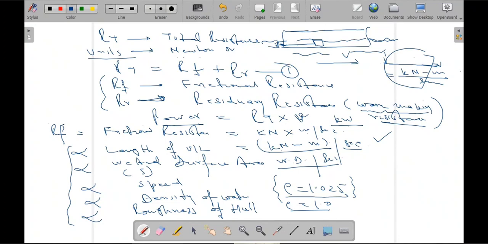All right, so now we will see the second part, which is the residuary resistance, correct? So frictional resistance, I hope, is clear to everyone, that these are the factors on which it depends. So I am erasing this part using the eraser so that I can write the residuary resistance part here also.